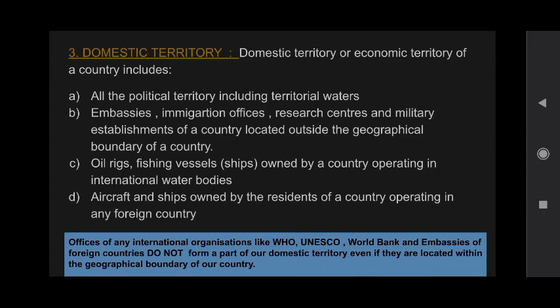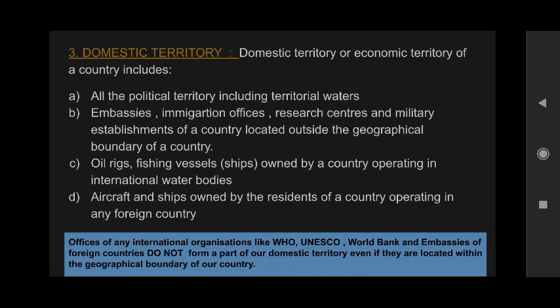Right? So let's say Singapore Airlines is at Delhi airport. Since Singapore Airlines belongs to Singapore, irrespective of whether it is in India or Singapore or any other country, it will be a part of the domestic territory of Singapore. Or another example: a Japanese embassy is in India, right? But since it is an embassy of Japan, it will be the domestic territory of Japan and not India.